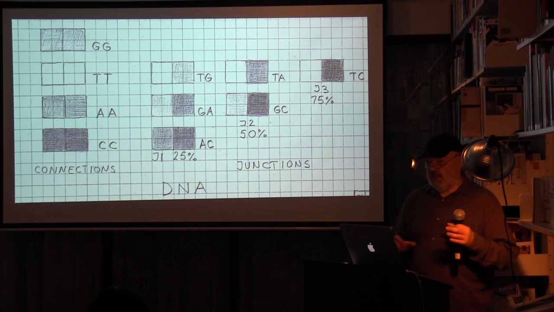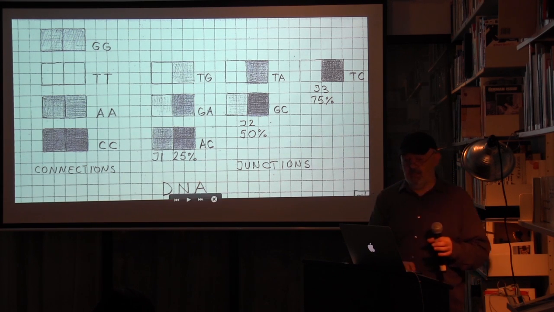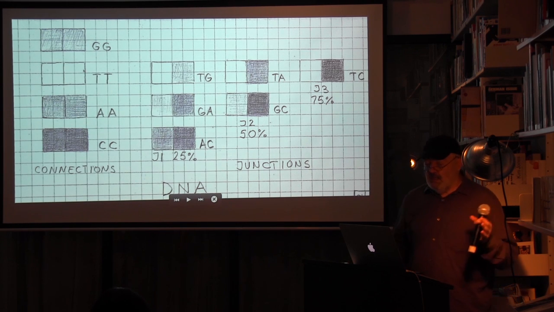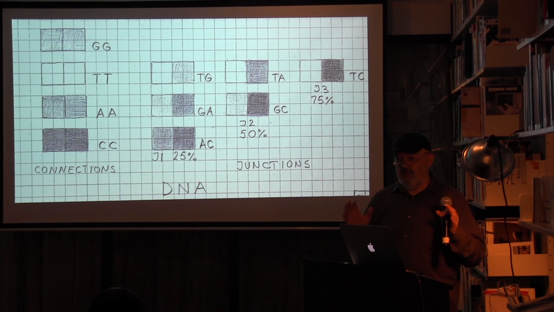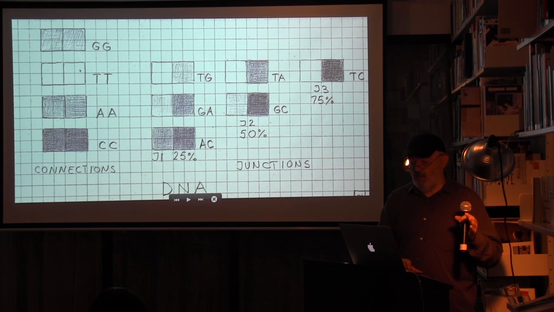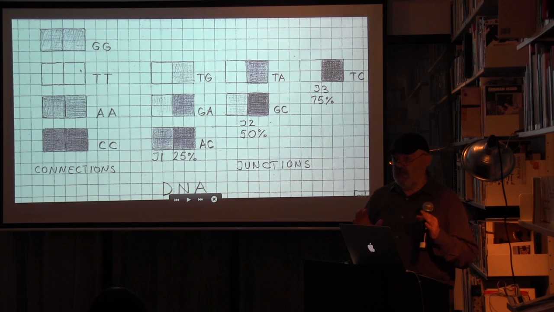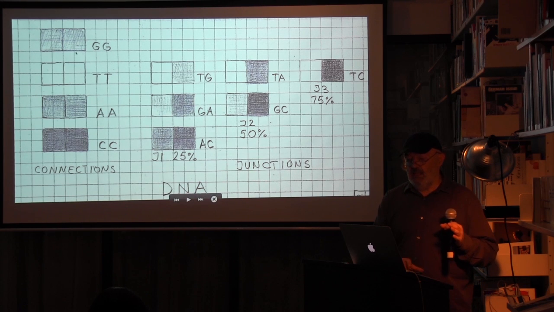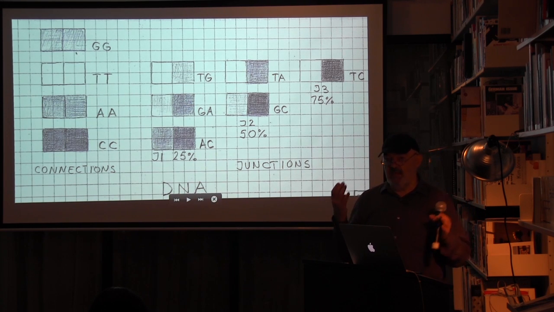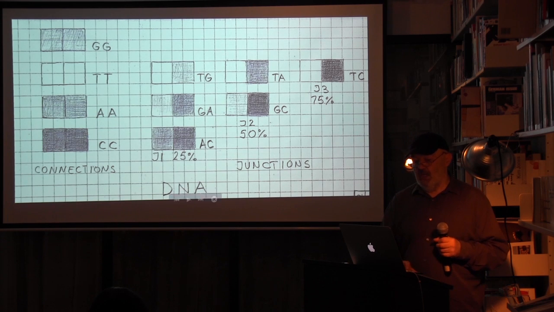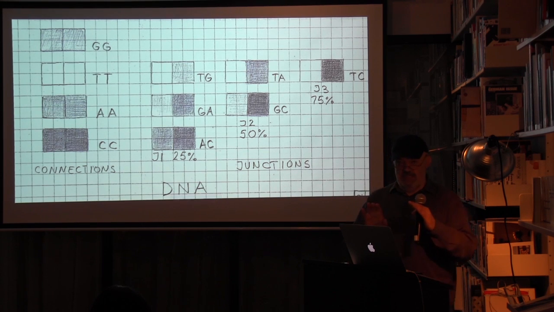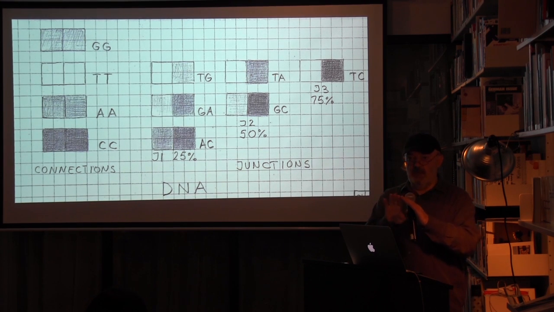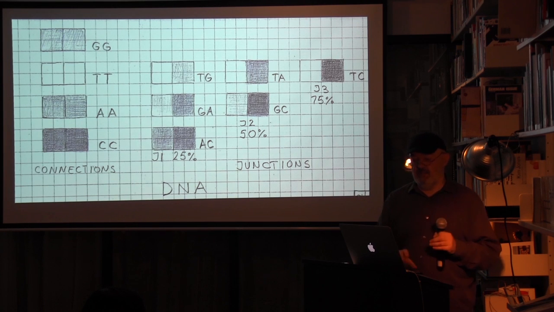For example, if we have two boxes, like here, and in each box the same value, in this case white, we will call this a connection. For the four DNA bases, there are four connections: GG, TT, AA, and CC. So this is a spatial neighborhood between identical values.